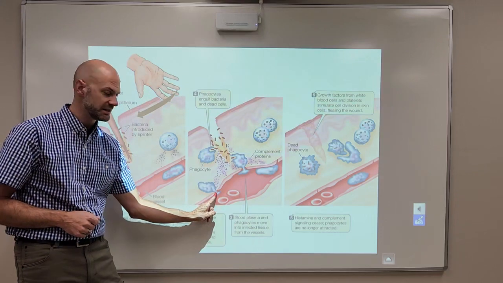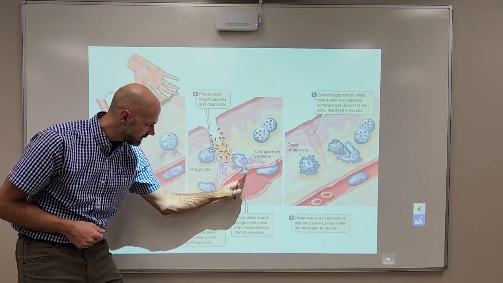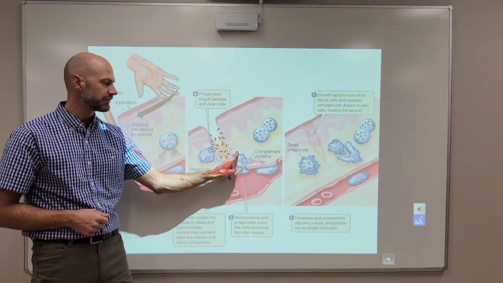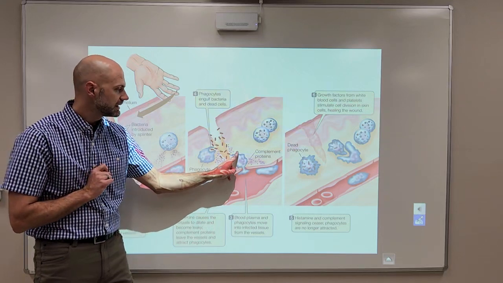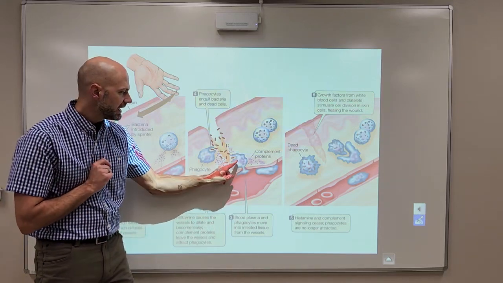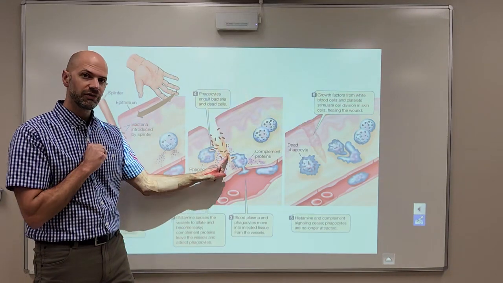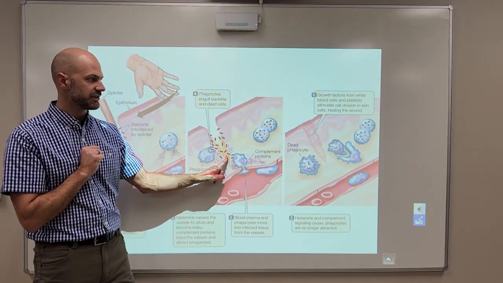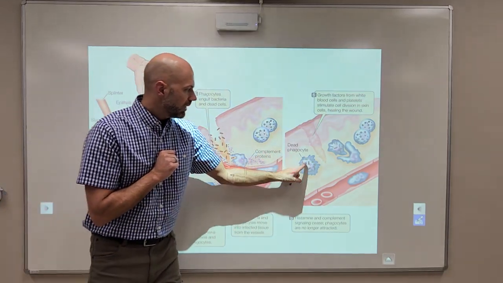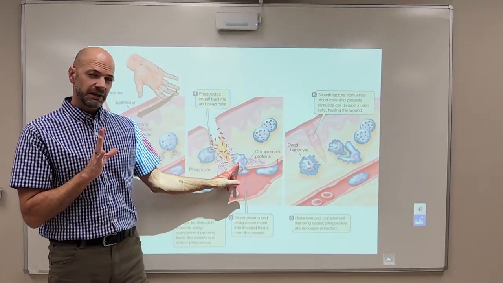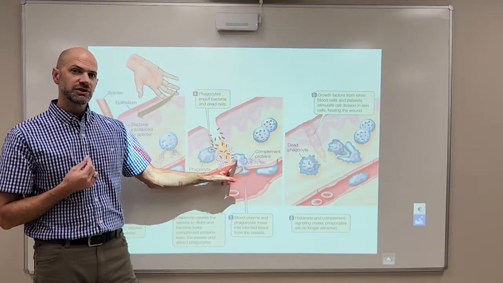It's called diapedesis. They're floating around here, they migrate through the vessel wall, and they show up and begin to gobble up the foreign invader, the bacteria, using phagocytosis.